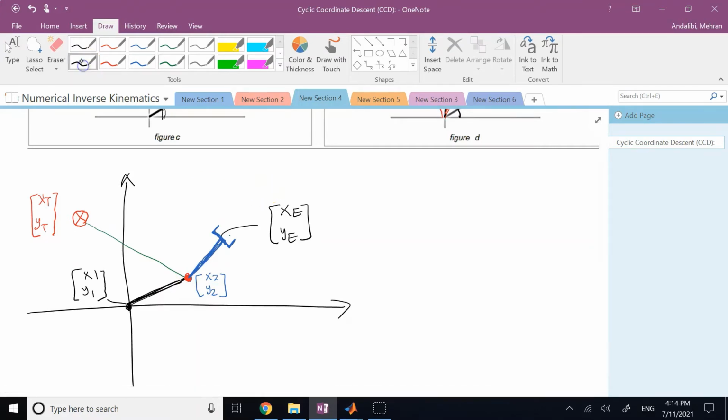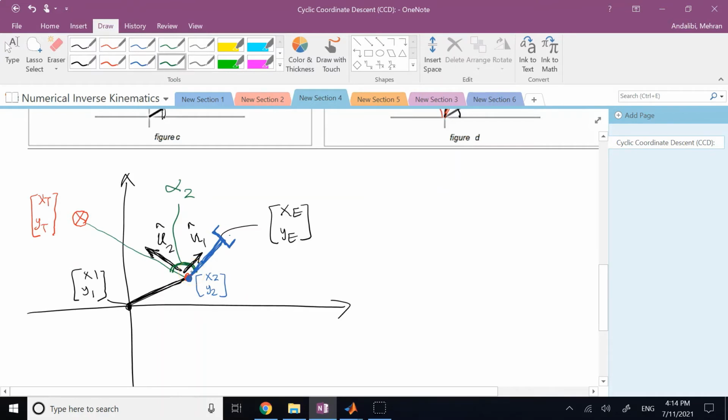So here I define two unit vectors. One of them is this unit vector, and the other is this unit vector. The goal is to align these two unit vectors. This one I call U1, this other one I call U2. The angle between them is the angle I need to rotate. I call it alpha 2 because that's joint number 2.